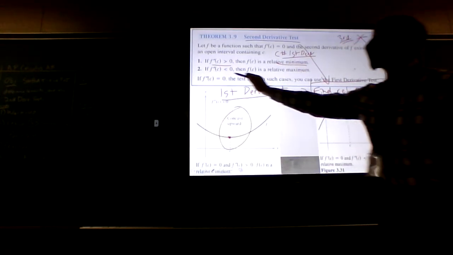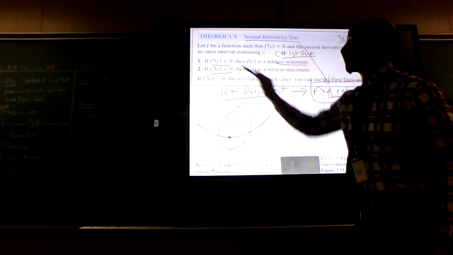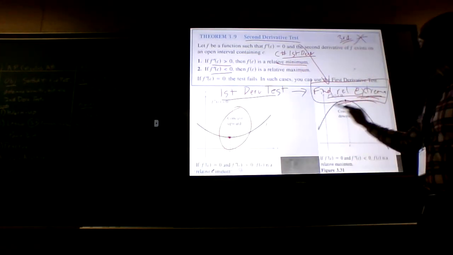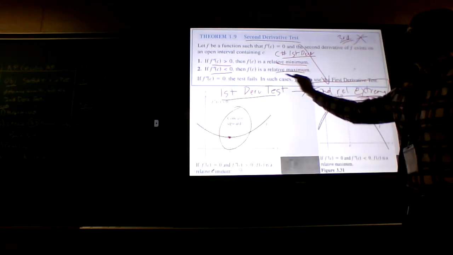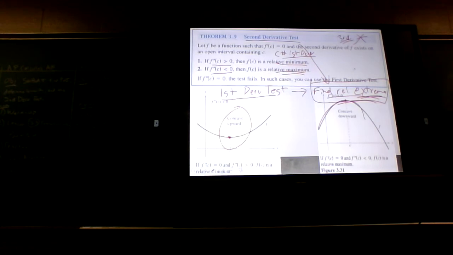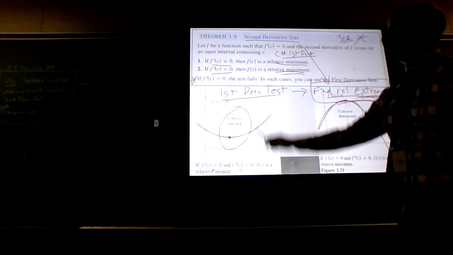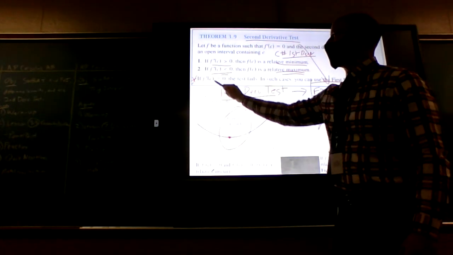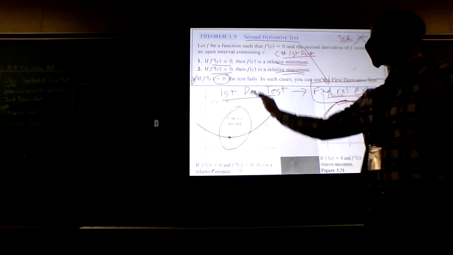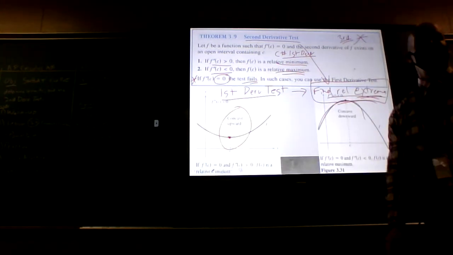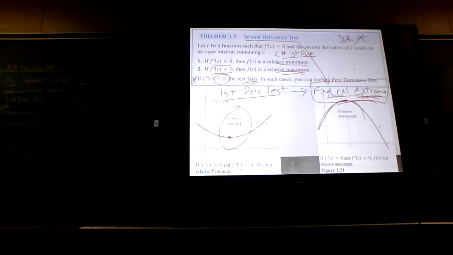If we plug that critical number into the second derivative and it turns out that it's less than 0, that means it's concave down, which means it's a relative max. Unfortunately, we have one piece of bad news. If you plug the critical number into the second derivative and you get 0, guess what? This test fails. You cannot use it. You then have to go back and use the first derivative test.